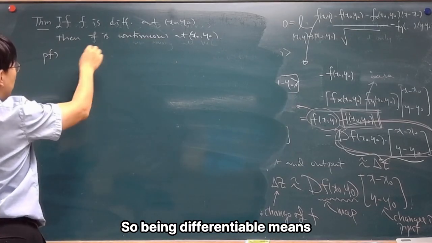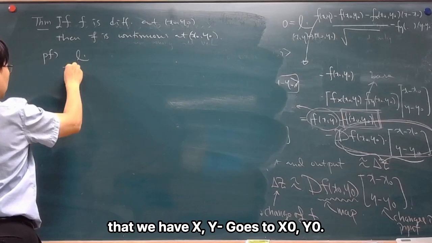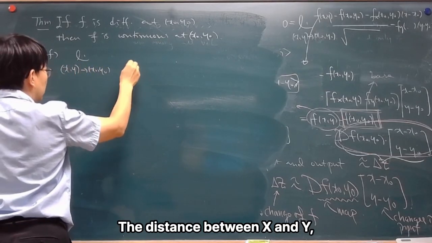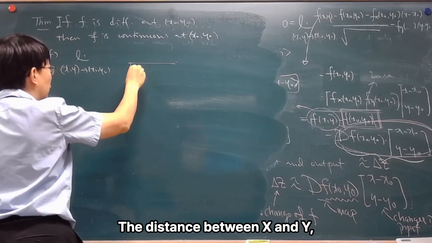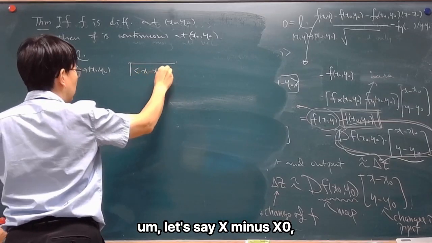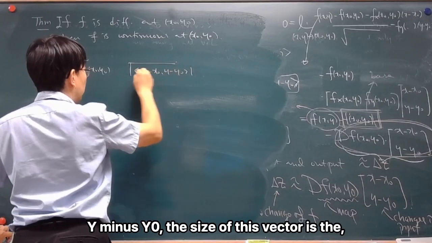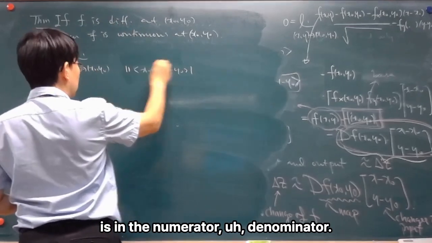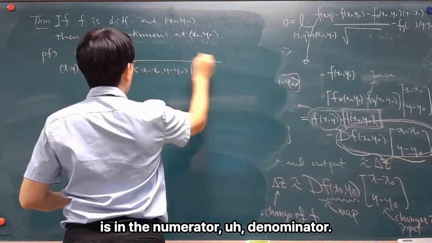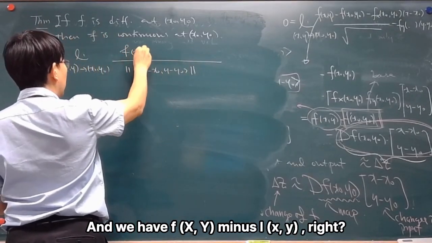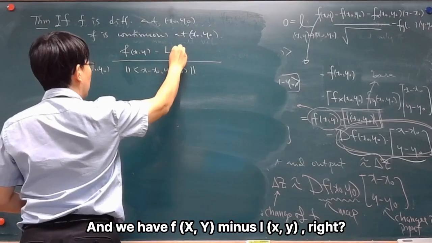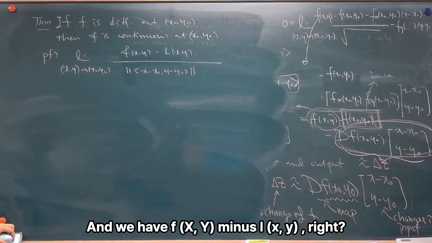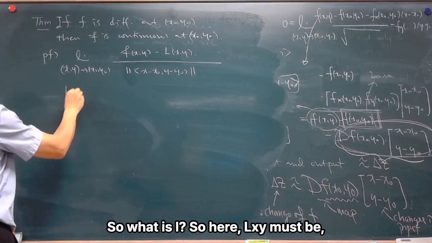So being differentiable means that as x, y goes to x0, y0, the distance, the size of the vector x minus x0, y minus y0, is in the denominator, and in the numerator we have f(x,y) minus L(x,y), right? So what is L?